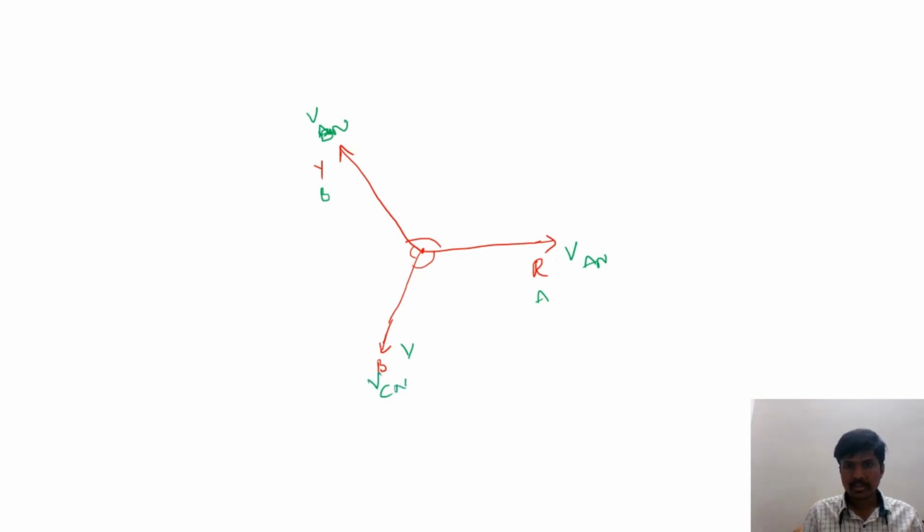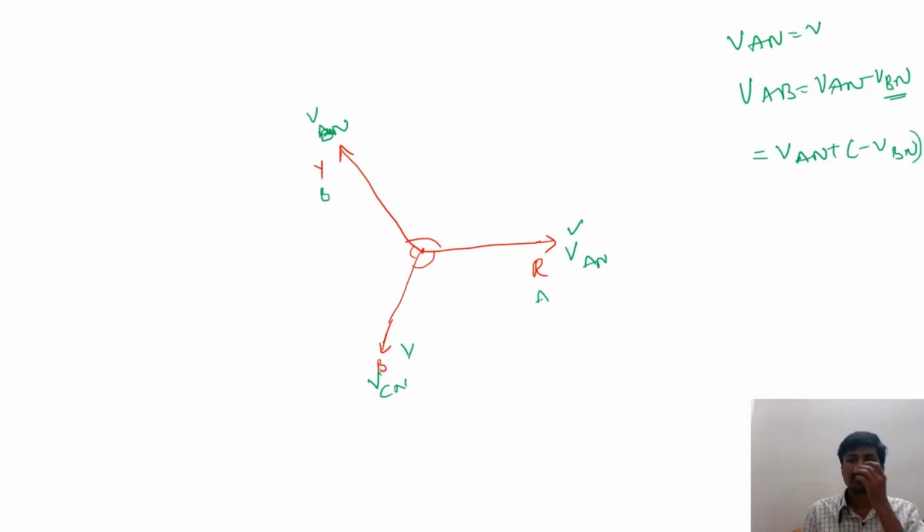Okay. So here we know that VAB is equal to VAN minus VBN. VAN is already there, but we don't have minus VBN. This you can write as VAN plus of minus VBN.